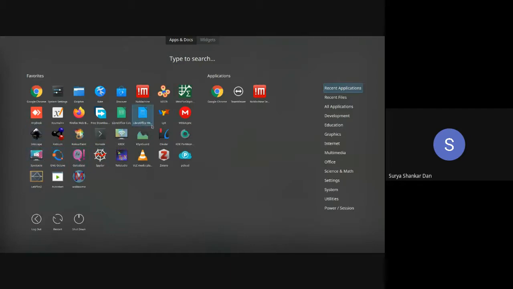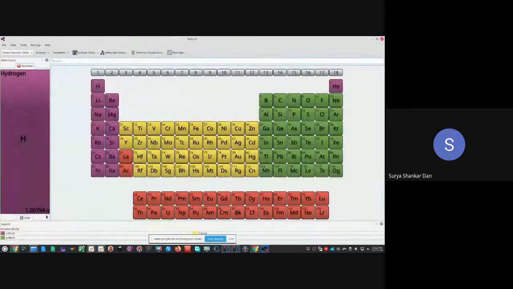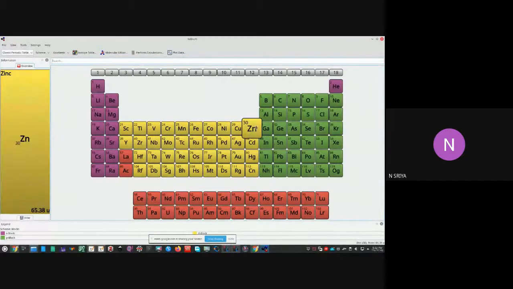Where is it? Calcium, yeah. Excellent. This is the periodic table. Okay, these are all metals. Which one will you choose as the gate material? So catalytic metals. Sorry? Maybe any of the catalytic metals.